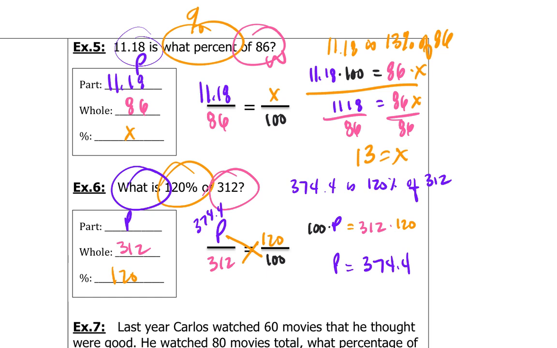If you are that type of student that needs just one way to do it, you're better off to use the cross product equation every time because that way works every time. The other ways that we've talked about, scale factor doesn't work every time, not evenly, not cleanly. And solving for the variable doesn't always work, especially if the variable's on the bottom.